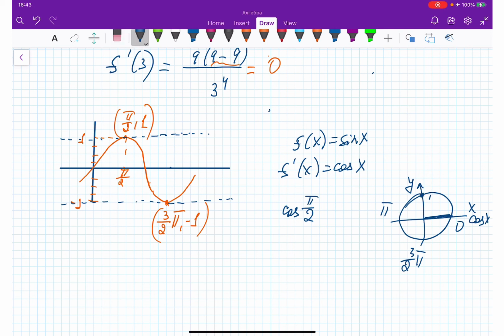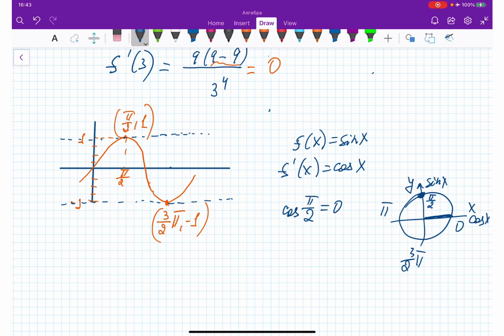I'll put this point, pi over 2, and this is sine x. So if cosine x represents x, how much will be cosine x at the point half a pi? Meaning, if I translate to graphing language, how much will be x at this point here? It's going to be 0, right? And cosine half a pi is also going to be 0, which is true, because the derivative, which is cosine, has to be 0 at the point of extrema.